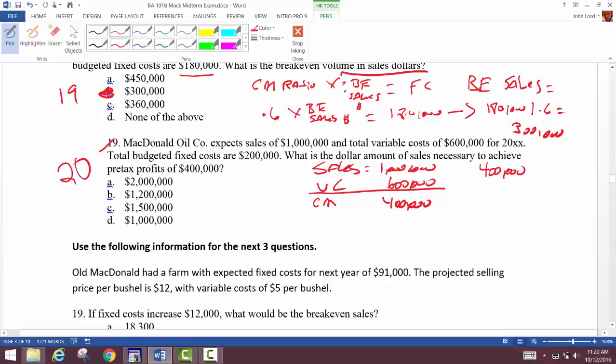The contribution margin of 400,000 divided by sales of 1 million equals 0.4, right? My contribution margin ratio.